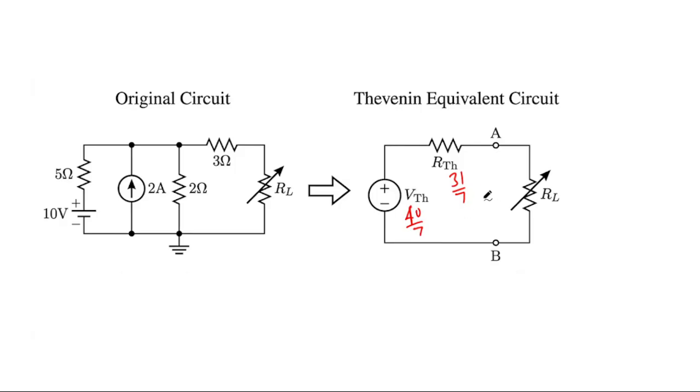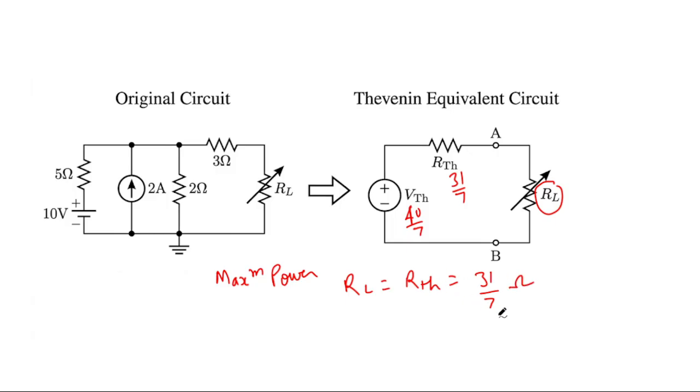So what was the condition of the maximum power transfer theorem? The RL should be equal to the internal resistance of the voltage source. The internal resistance of the Thevenin equivalent is 31 by 7. So for maximum power, RL is equal to RTH, and the value of RTH is 31 by 7 ohm.